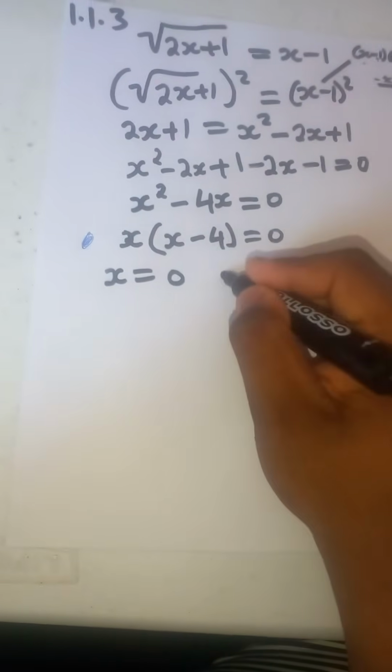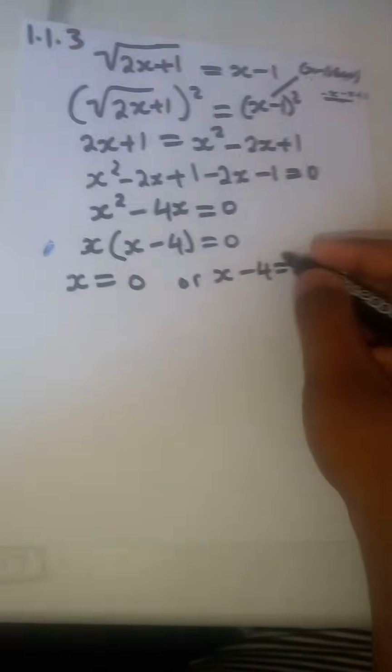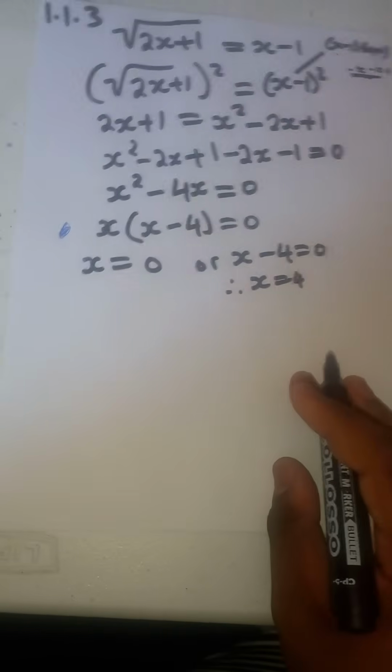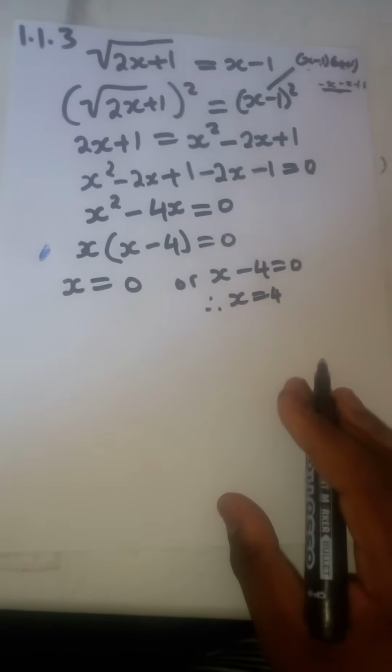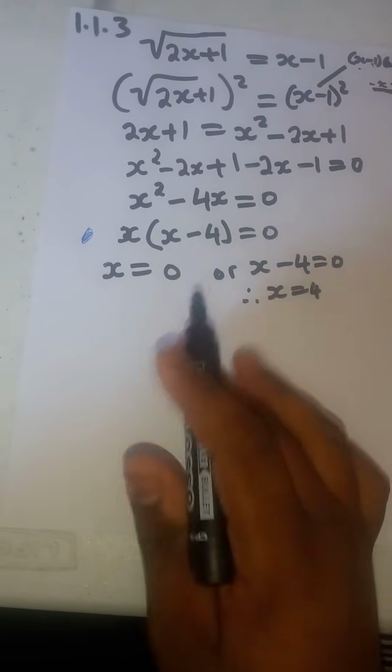So x is equal to 0, or x minus 4 is equal to 0. So it means therefore x is equal to 4. But now there is a problem there. The problem is that this is a set equation, so you must have a valid answer. Is it fine?